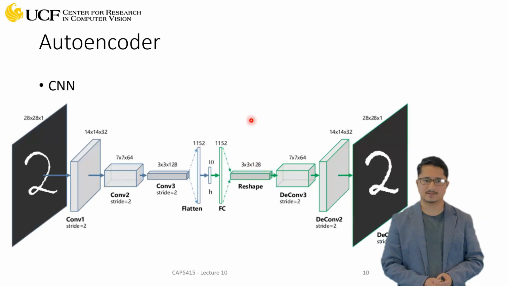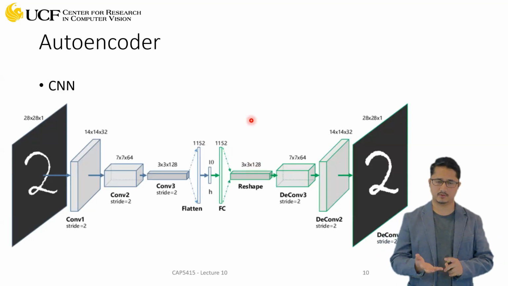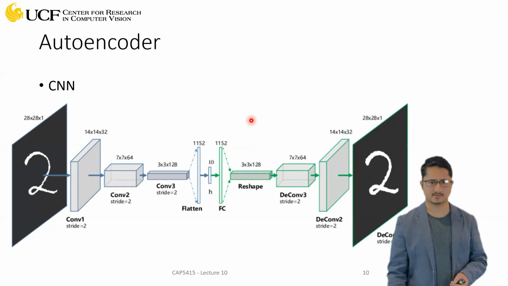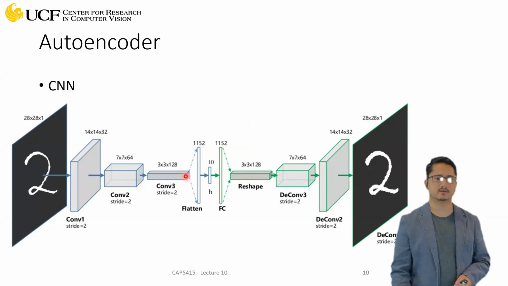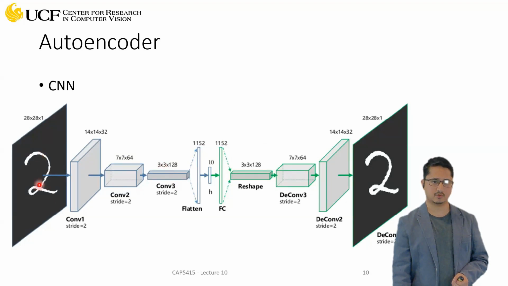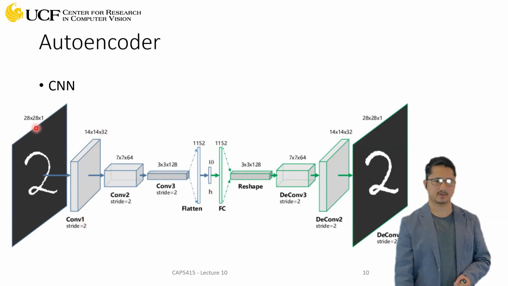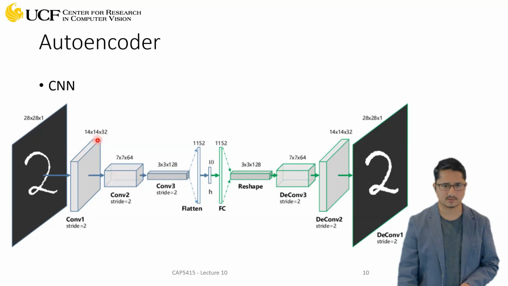Now, as I said, in an autoencoder you can have fully connected layers, you can have CNNs, you can have something else as well. This is a very standard CNN-based autoencoder where you have input images, in this case a grayscale image. You have these convolution layers, and the idea is you try to compress your features to get a very small latent code. In this case, you have, let's say, 28 cross 28, and this conv is giving you 14 cross 14 cross 32.